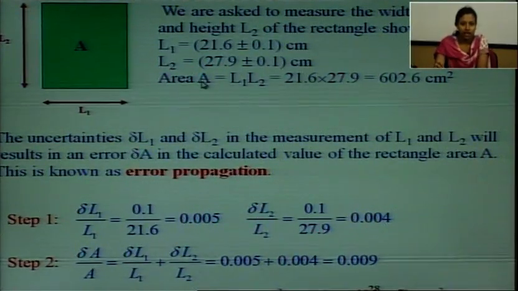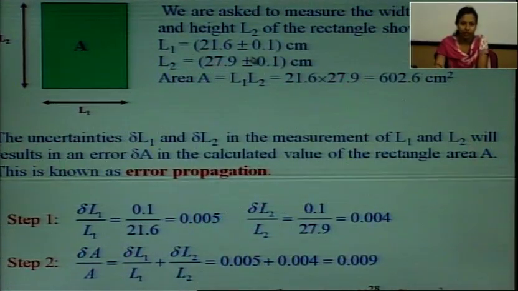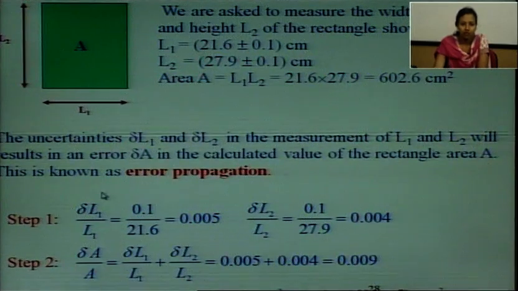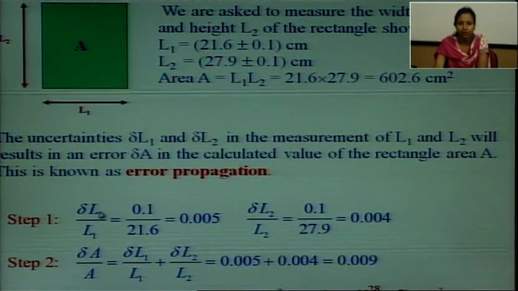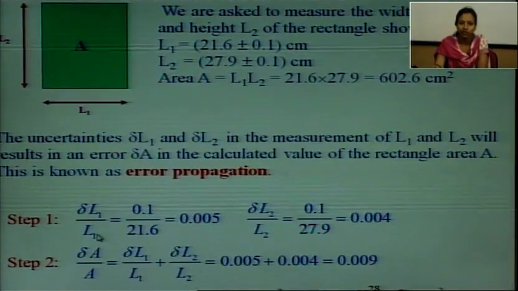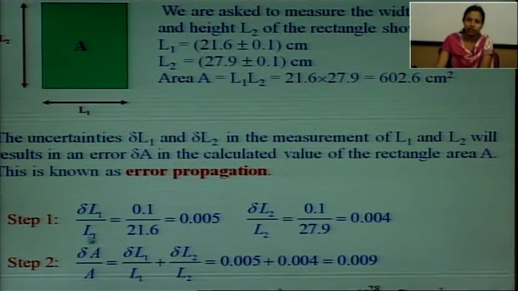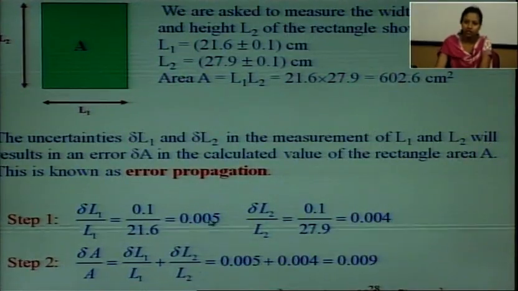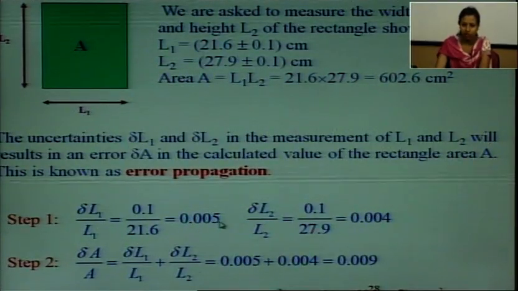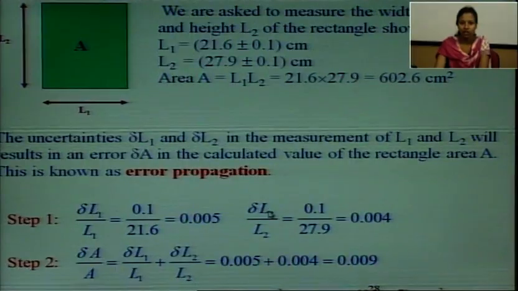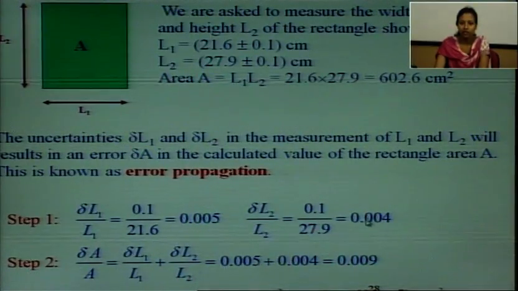Next main problem is the calculation of error in the measurement of area. This error we can easily calculate from the uncertainty of L1 and L2. The first step is delta L1 upon L1. Delta L1 is 0.1, L1 is 21.6, so it is equal to 0.005, and delta L2 upon L2 is equal to 0.004.